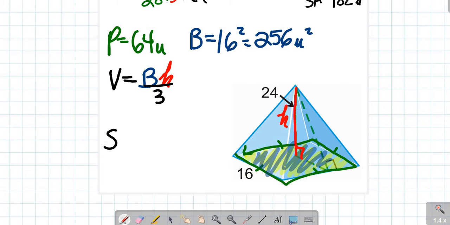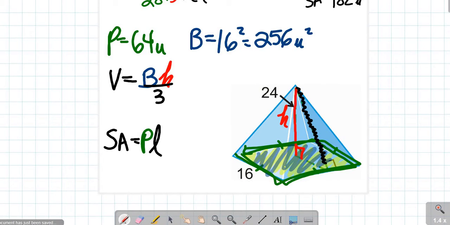Your surface area is the perimeter times the slant height, which is like sliding down a ski slope, over 2, plus the area of one base.